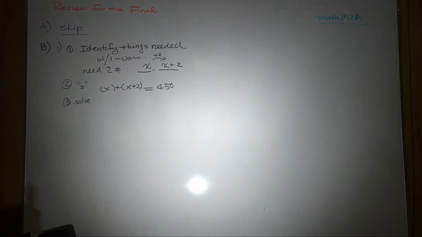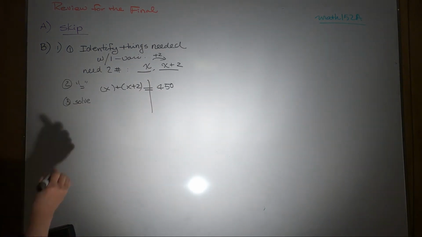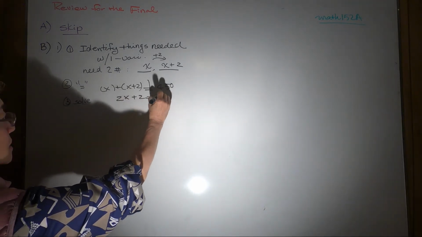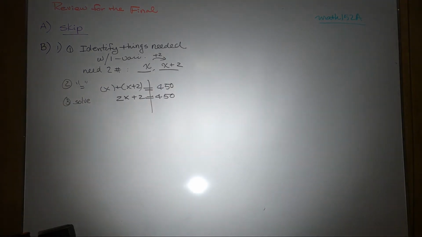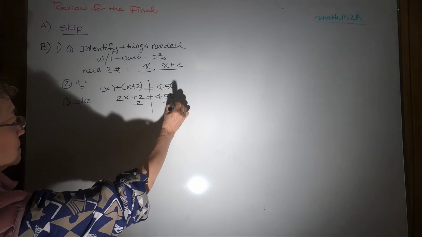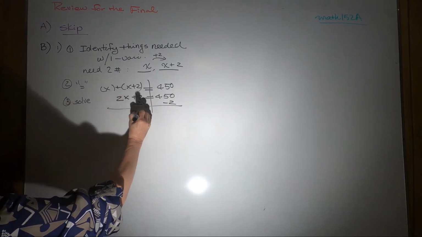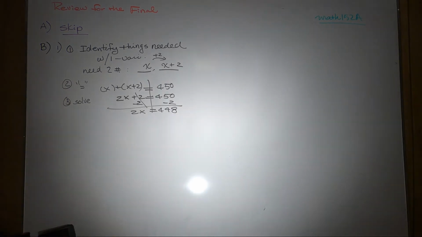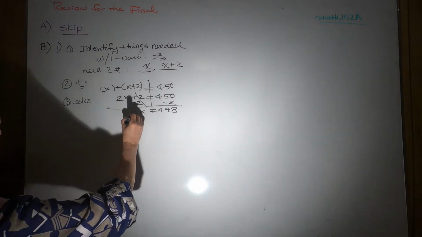You solve it. So do we have a linear equation? So what do we have here? 2x plus 2 equals 450. Then what do we do? Okay, move number to one side, move variable to one side, right? Then what's your x?